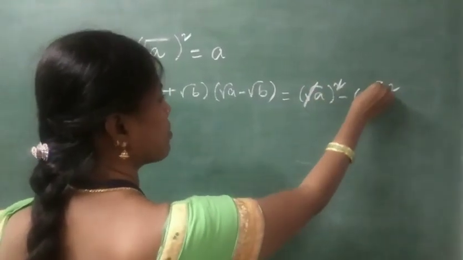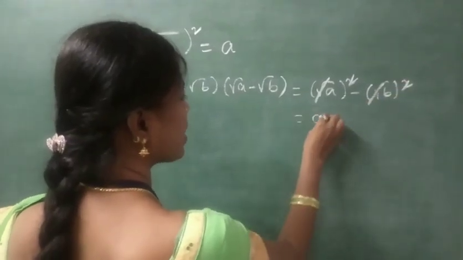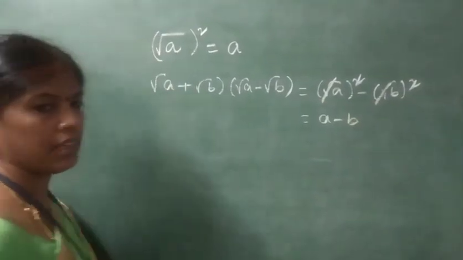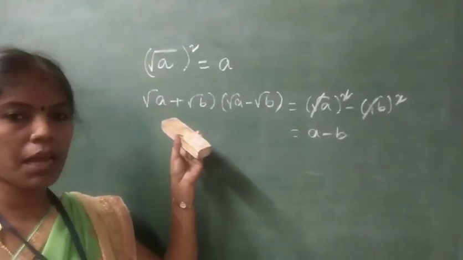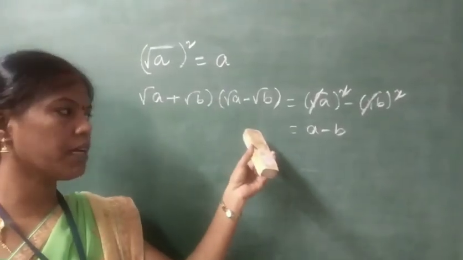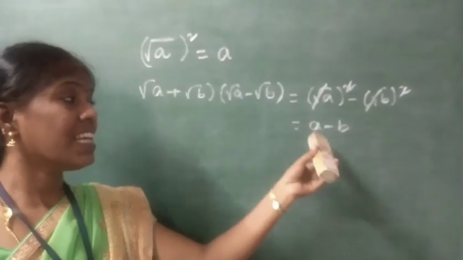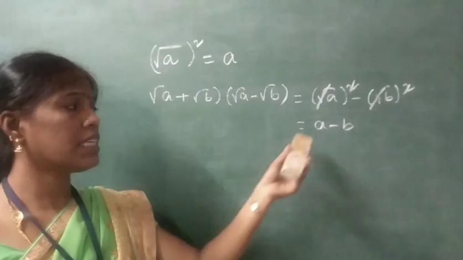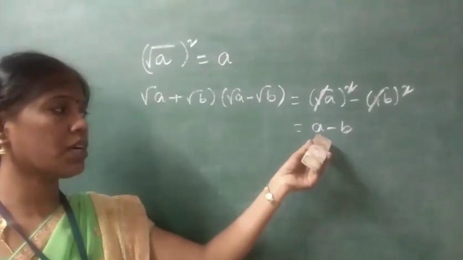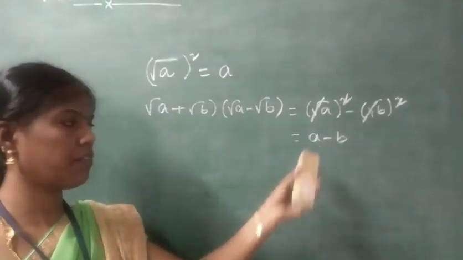Root and square get cancelled. What will you get as the result? a minus b. So if the numbers are of this form, that is root a plus root b into root a minus root b, we can simplify and there is no need to apply anything else. Just apply this identity, a minus b, enough.